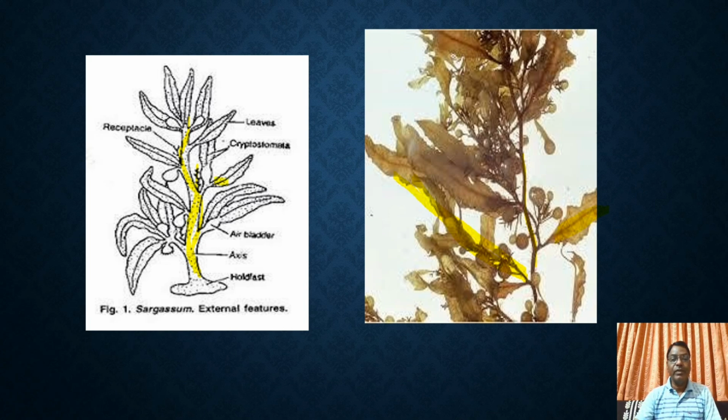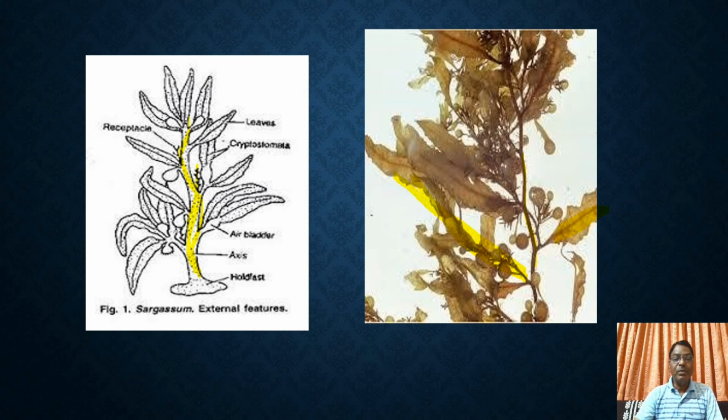Here also it has only a central midrib, and the margin of this leaf-like structure is either serrate, dentate, or in some cases smooth or entire, and the apex is acute. And the shape of this leaf-like structure varies from species to species.